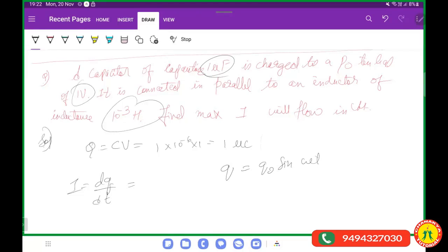See, for maximum, I'm doing this. How did I get the idea of this? I'm not starting simply here. They're asking for the maximum. So when can I be maximum? When dq by dt, the derivative of I, equals 0. So we can equate with this and say this is the maximum value.